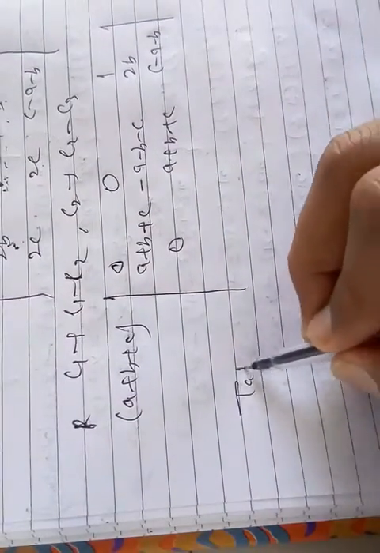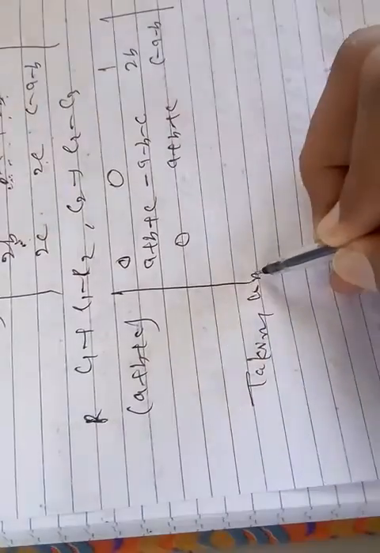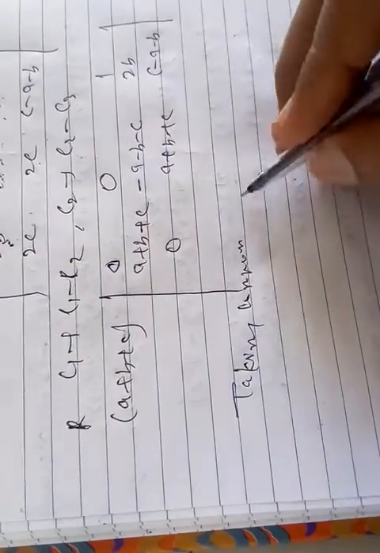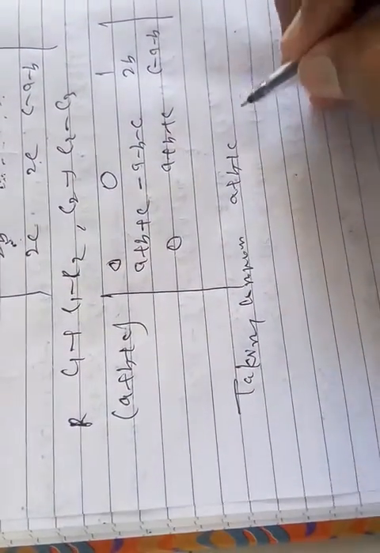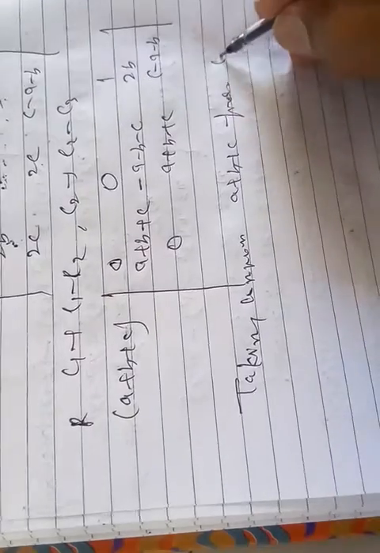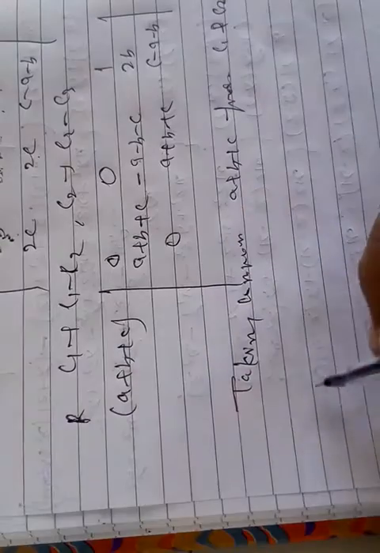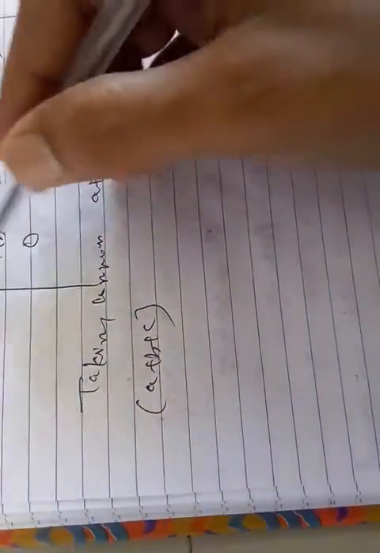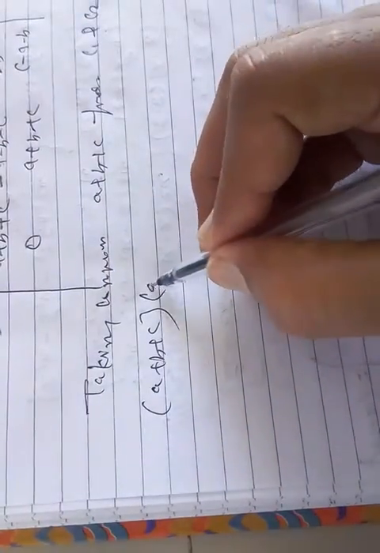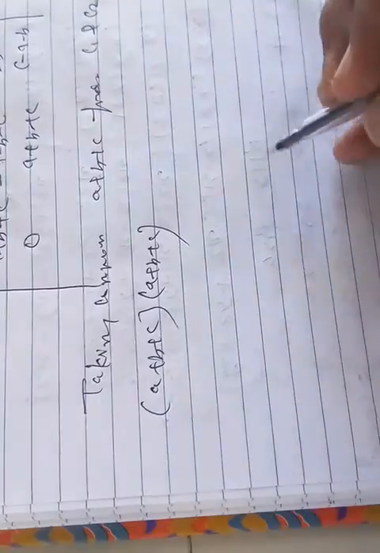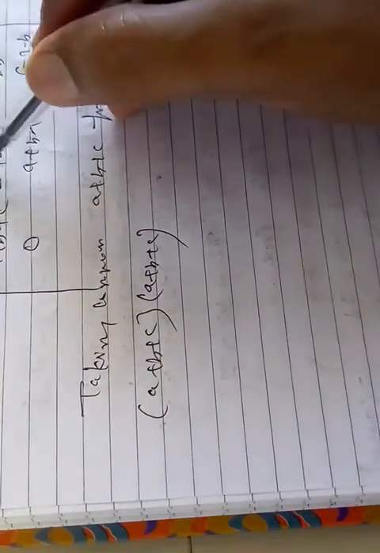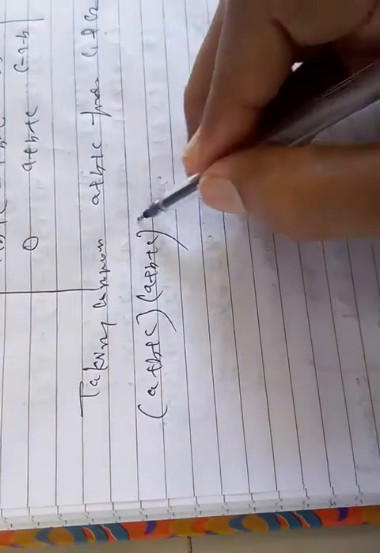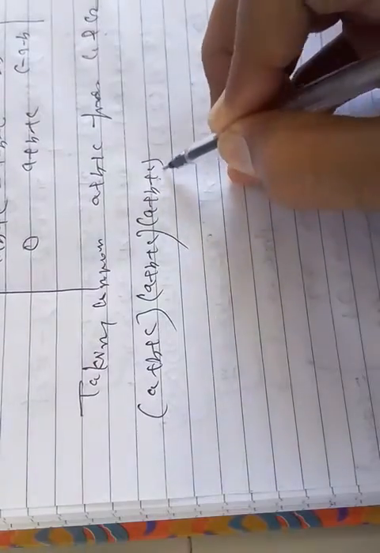Taking common a plus b plus c from C1 and C2, this is a plus b plus c. Taking common a plus b, and the minus common a plus b plus c, a plus b plus c.